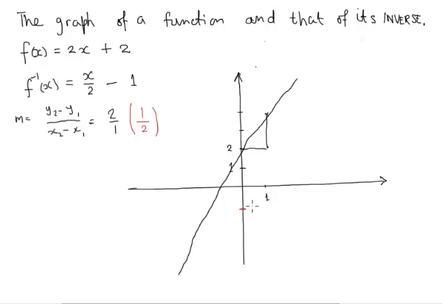Let me take black ink. Minus 1 there. Minus 2 there. Then 2 there. What happens now? It runs 2 horizontally, isn't it? That's right.